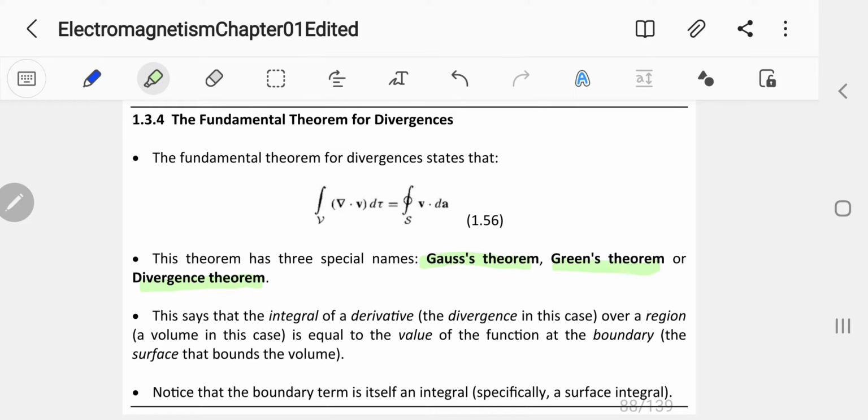So you have here a volume integral, and then you have a surface integral, where the surface S bounds the volume. So if you have a sphere, you're integrating the vector, and that's equivalent to integrating the function using the surface that covers the sphere.